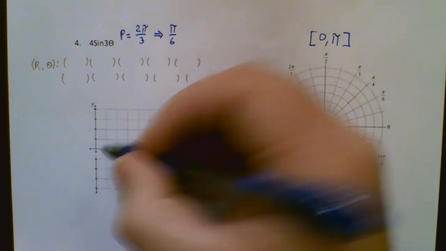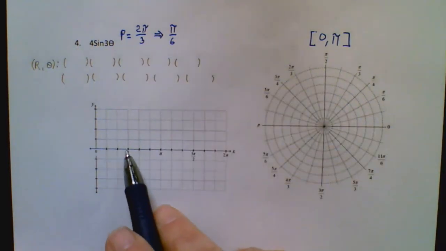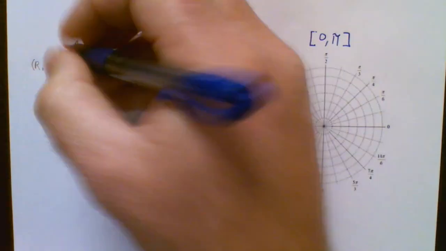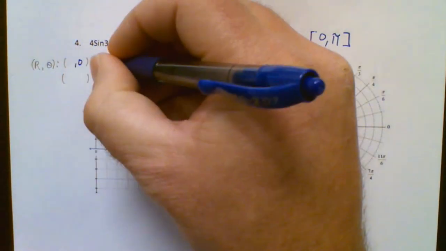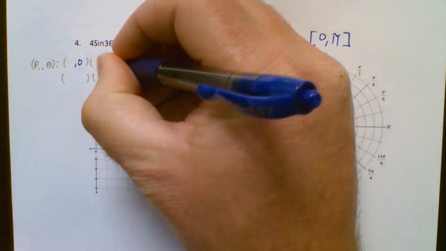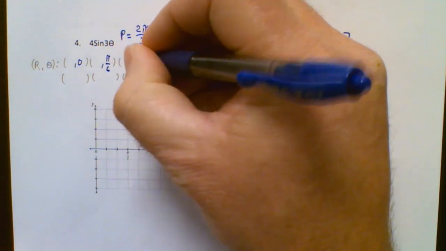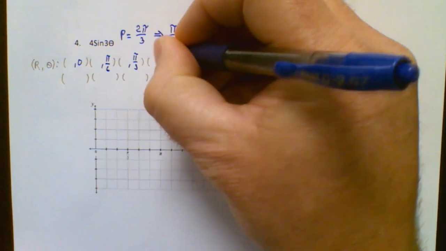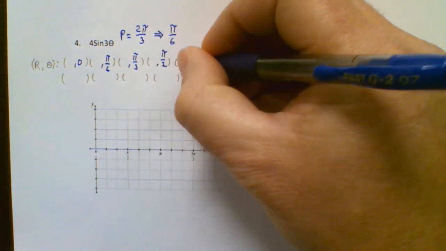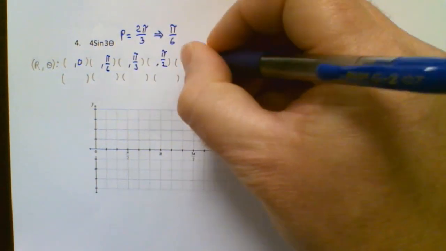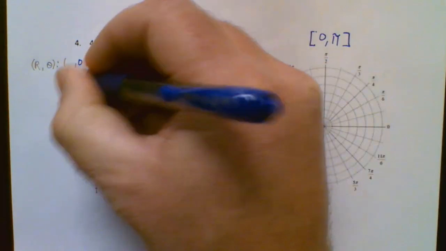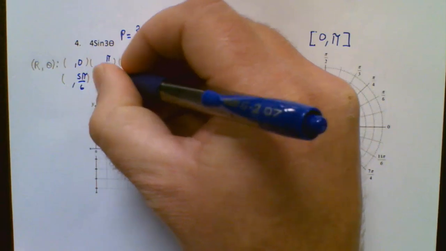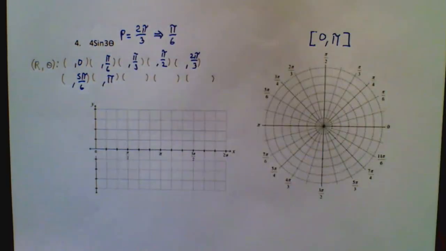So remember, every little notch that you see on here is going to represent a sixth. So we know it starts at 0, and then it's going to travel pi over 6, 2 pi over 6, 3 pi over 6, 4 pi over 6, 5 pi over 6, 6 pi over 6. Let's stop there.